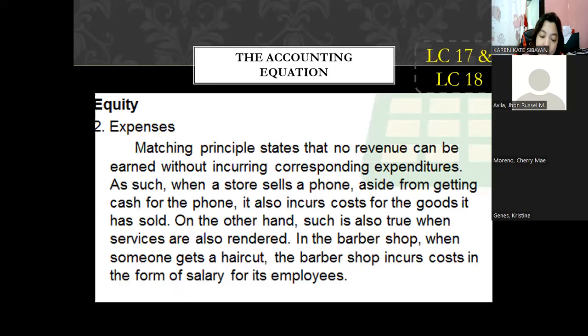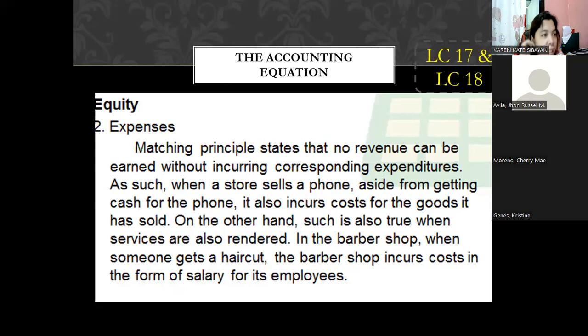So kapag binayaran kami ng employer namin, expenses yun sa kanila. Nakuha? So kapag nagturo kami, ibig sabihin na-render namin yung services sa inyo, ibig sabihin nag-earn sila ng income, kasi dahil naging satisfied yung mga customer namin, maraming public students ang papasok sa school namin. Okay?